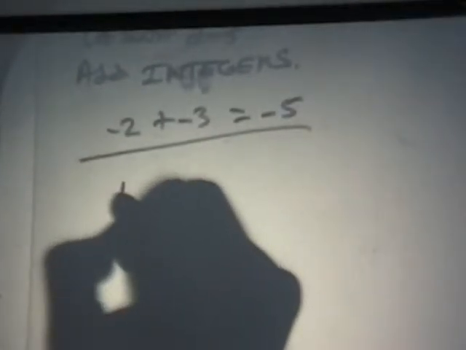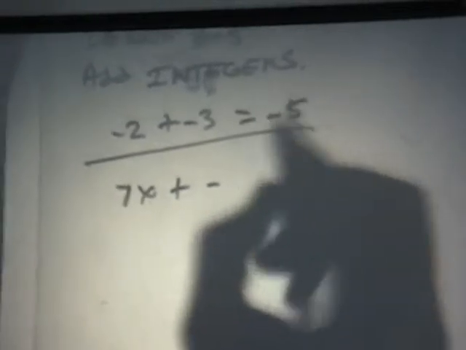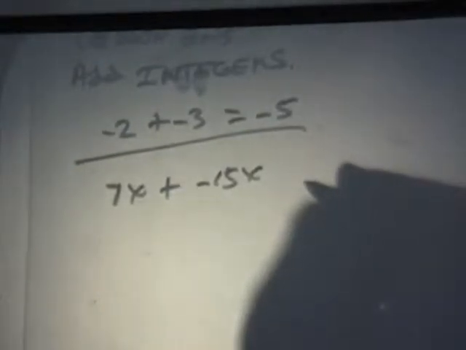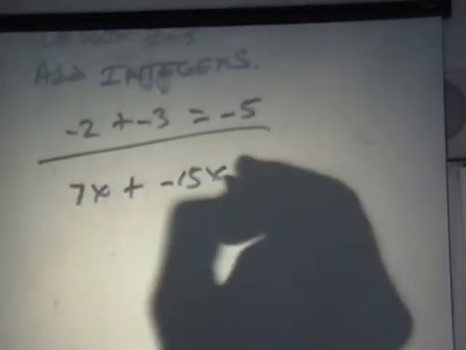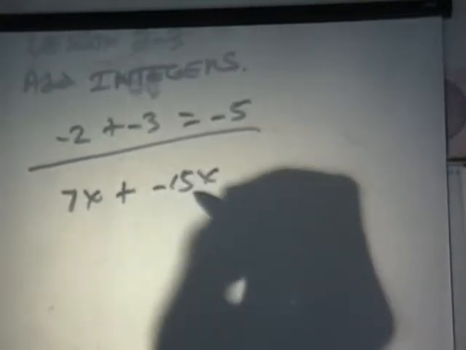Suppose you're adding 7x plus a negative 15x. You're adding like terms, but be careful. You're looking at the coefficients, right?